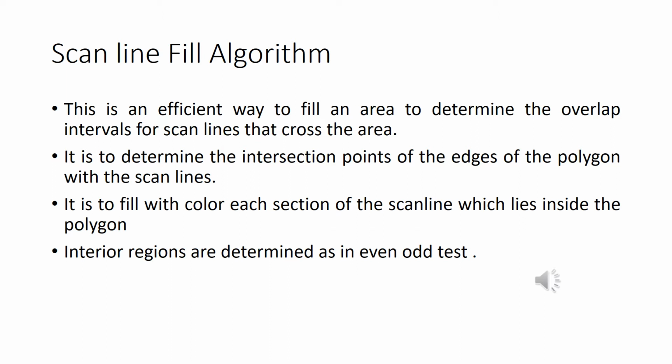Those portions of the scan lines within the polygon are filled with some fill color. Now the question is how we will check which region of the scan lines is a part of the polygon. Using the even odd test, we can determine it easily.